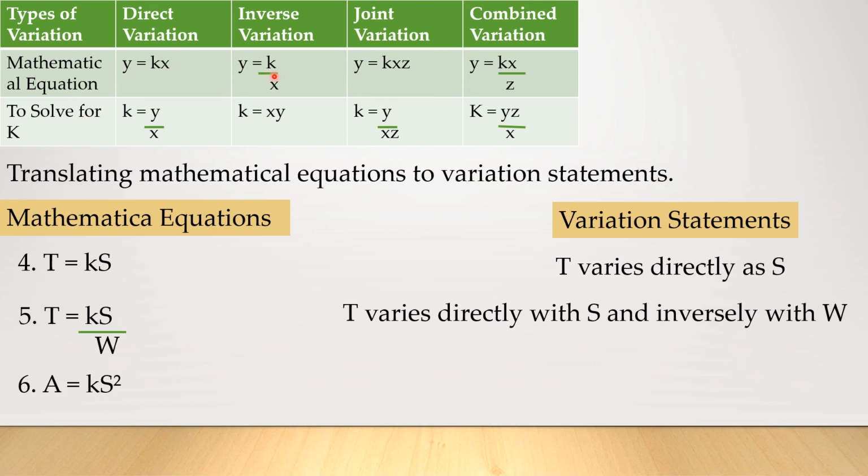Now, for inverse variation, you know that the other variable should be in the denominator. So this one is direct variation. So A is equal to K times S squared means A varies directly as the square of S. Or you can say that A is directly proportional to the square of S.